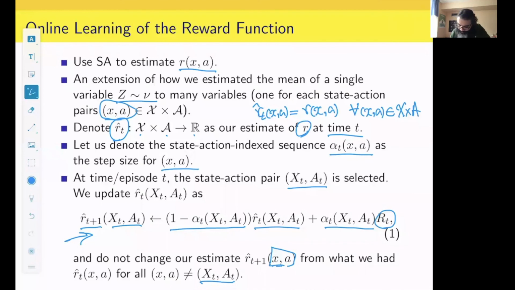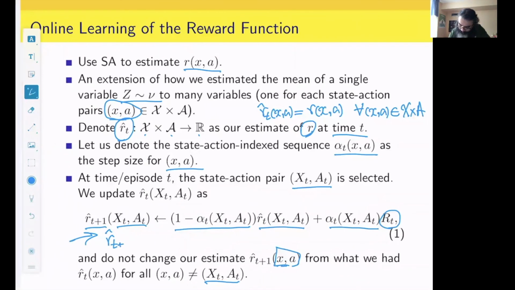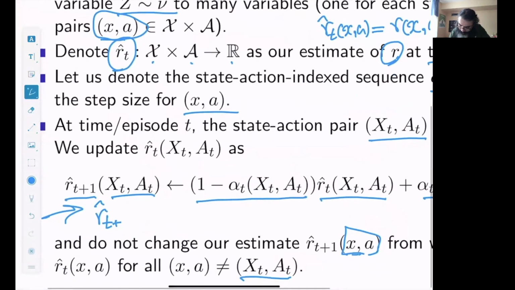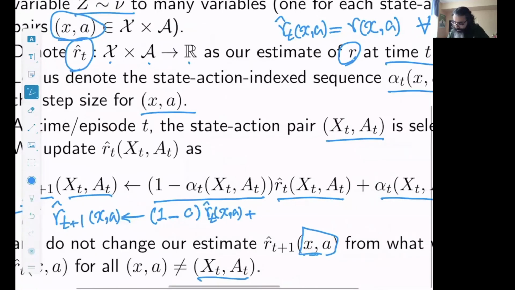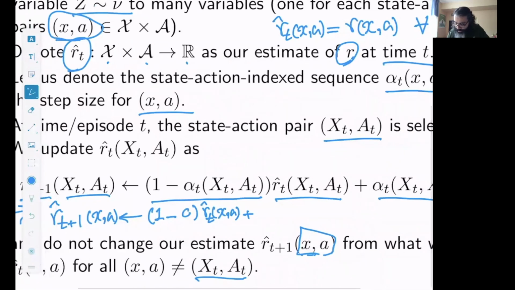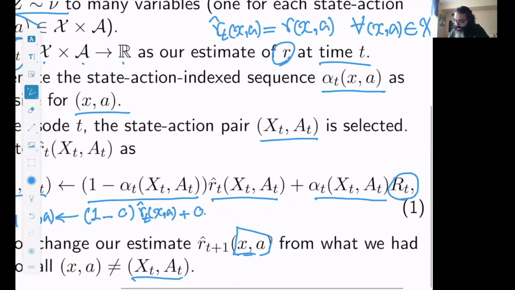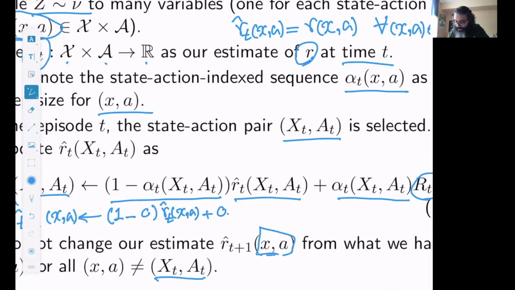So for x and a that is different than x_t and a_t, it is as if I'm updating it with 0 times r hat of t and x and a plus 0 times, we don't have any r_t, but we can think of it as 0 times 0.